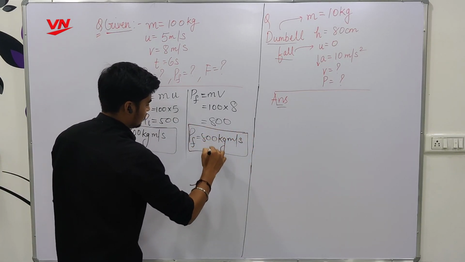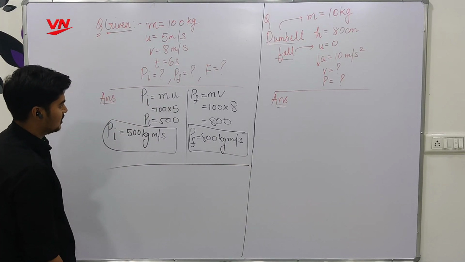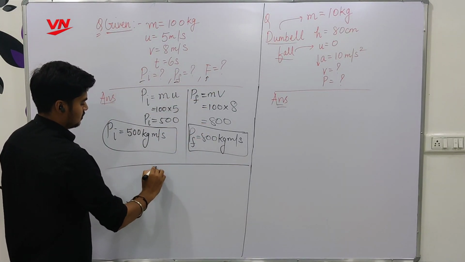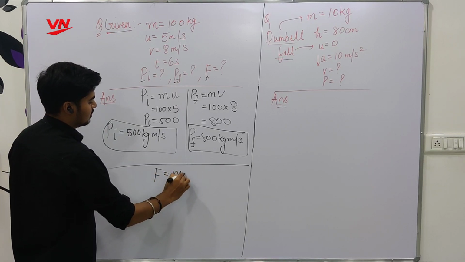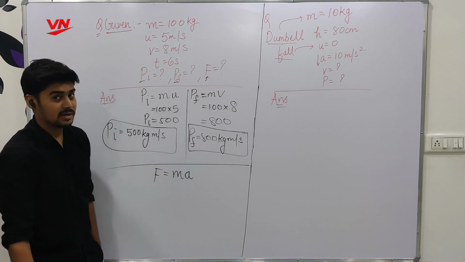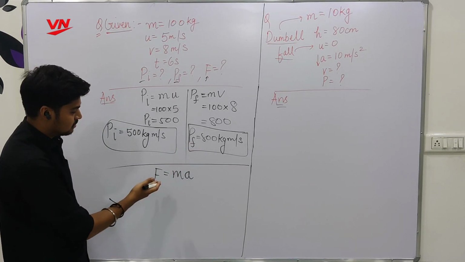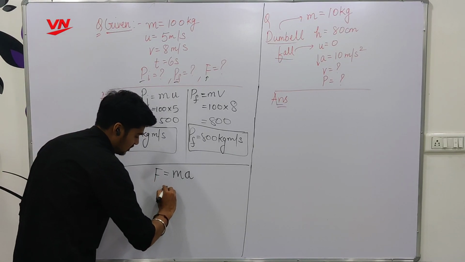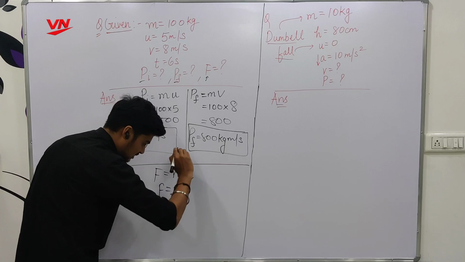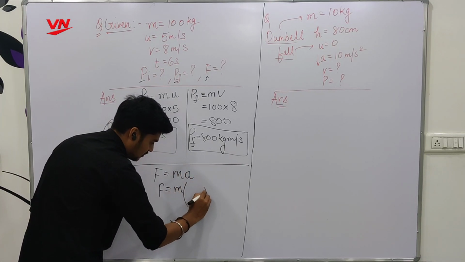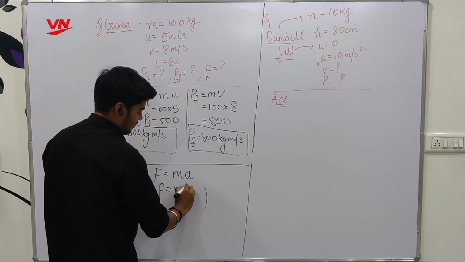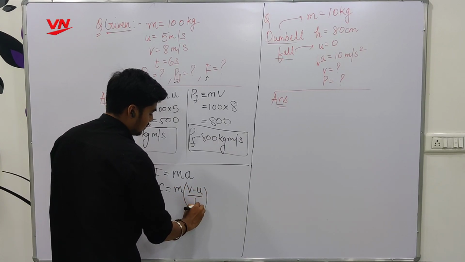Another thing is we need to calculate force, which we will calculate by the formula F is equal to ma, correct? But here, as you see, acceleration is not given. But we know the formula of acceleration from the last chapter was nothing but change in velocity upon time, that is v minus u by t.